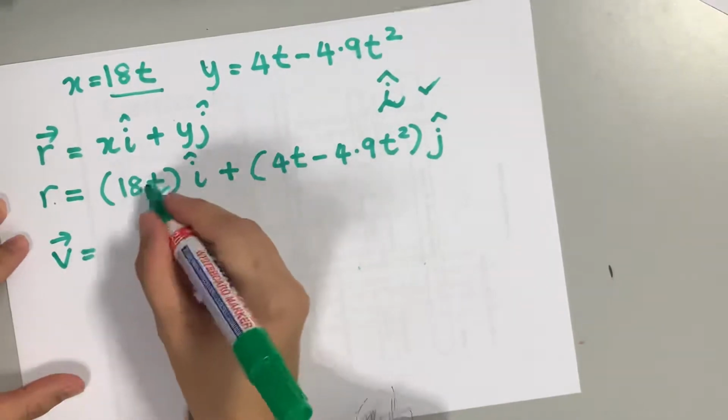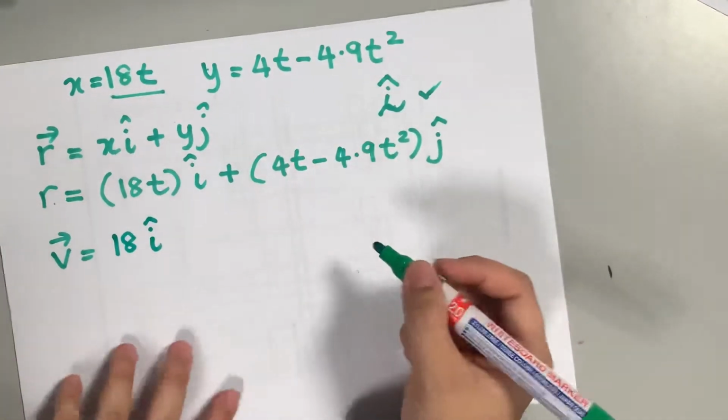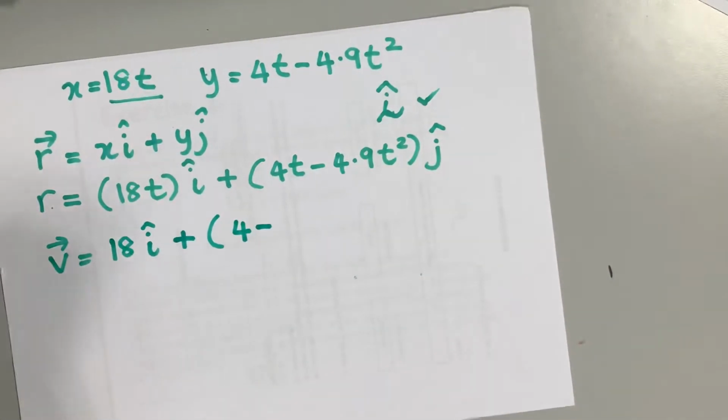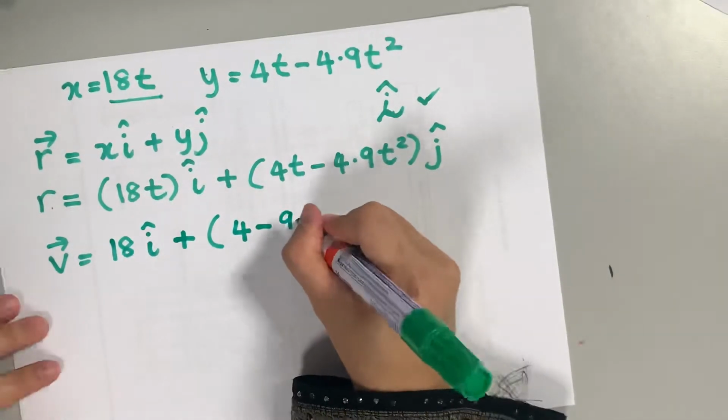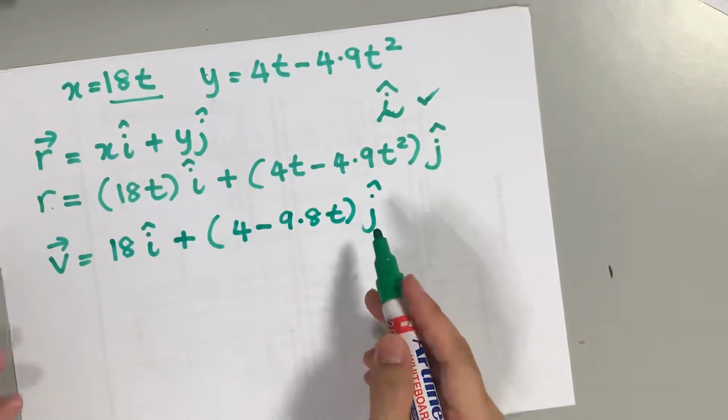So how to differentiate this one? You will get 18i, just put i means the unit vector, plus 4 minus 9.8t j. So that's the second expression.